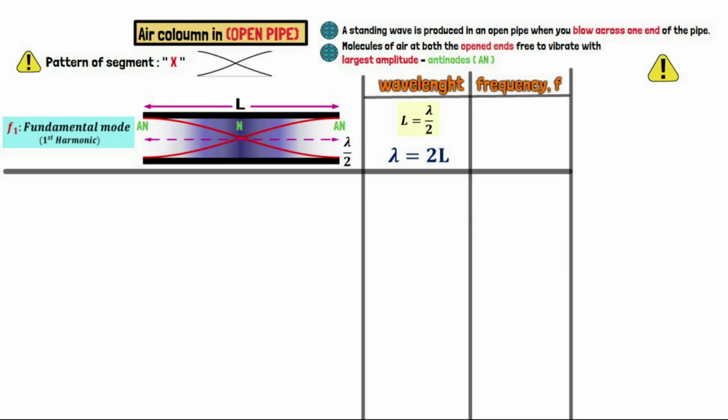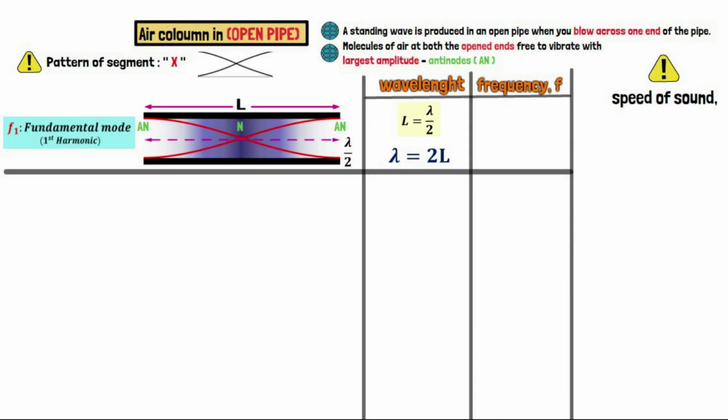Always remember the speed of sound. Okay, sebab kita melibatkan molecules of air, okay, and melibatkan bunyi pada open pipe and closed pipe. So the speed of sound, the equation V is equal to F lambda. So F is equal to V over lambda. So we can write, since lambda is equal to 2L, so equation for the frequency for first harmonic F1 is equal to V over 2L.